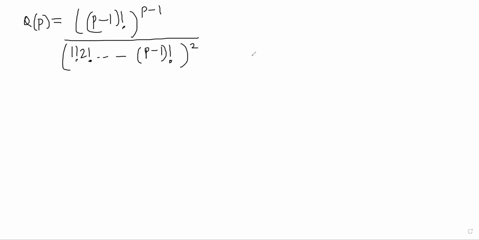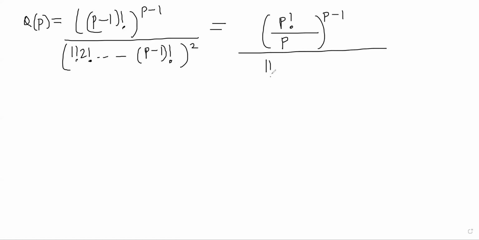So now it's about trying to arrange the things so that we can figure out something about the integer nature of q and q of p, right? So let's think about this. This thing can be written as p factorial divided by p to the power p minus 1, and the denominator is untouched, whole square.